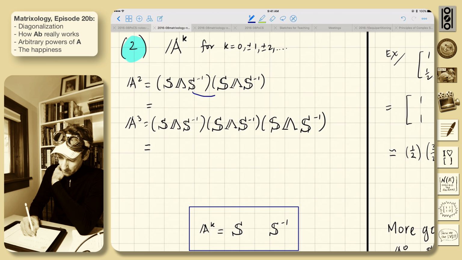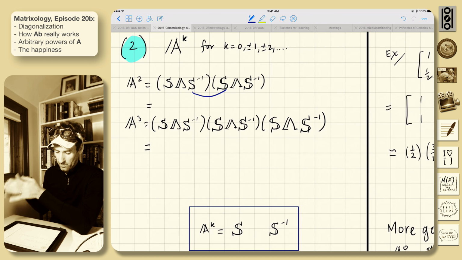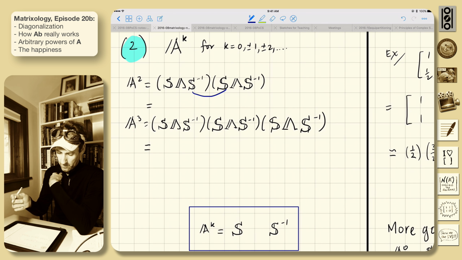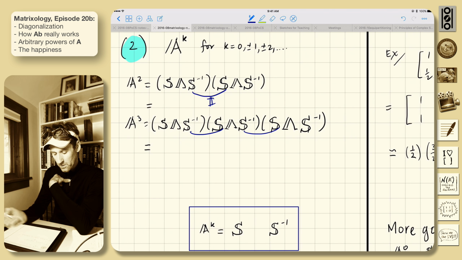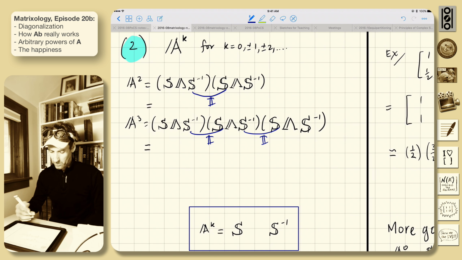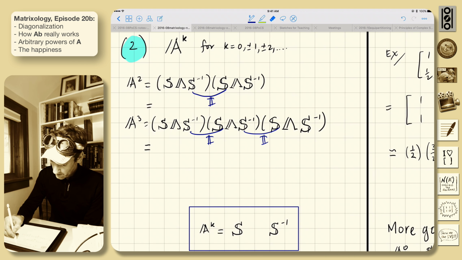This is A squared, we're just multiplying A times A. We have these two pieces together. This is A cubed. S minus 1 times S inverse times this guy. Same with this one. There's an identity here, identity here. So identity times the adjacent matrix, we can just replace it. So let me put this maybe here.